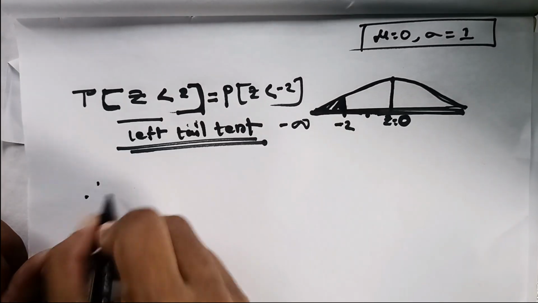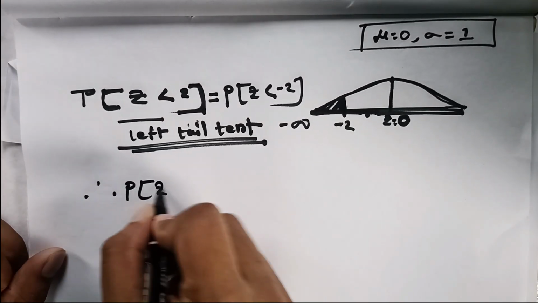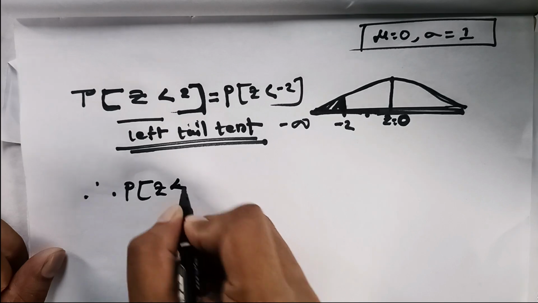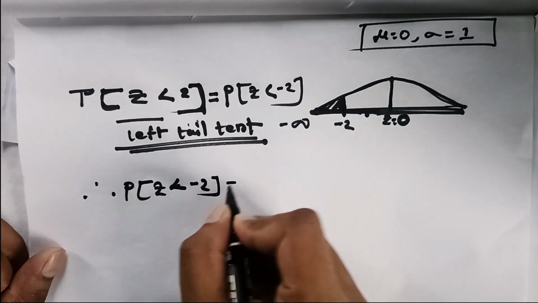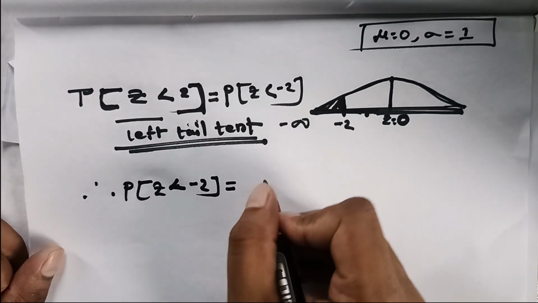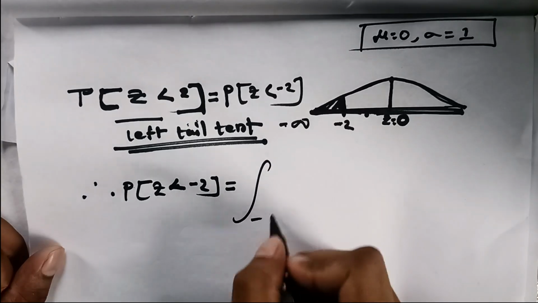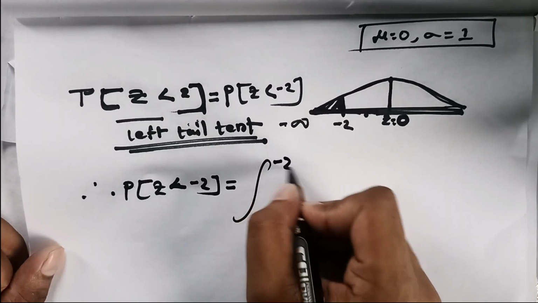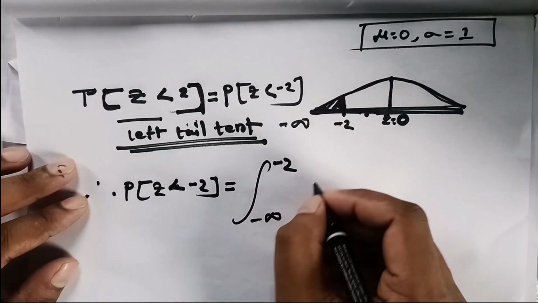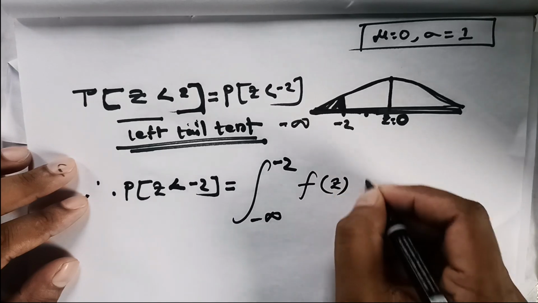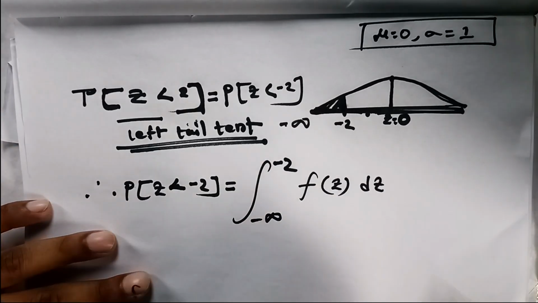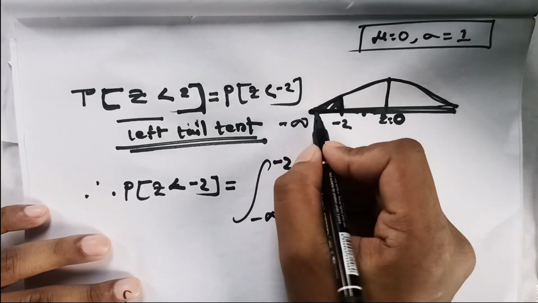So right now, probability z less than -2 will be defined as the integral from -infinity to -2 of f of z dz, because this is the area that we are looking for.